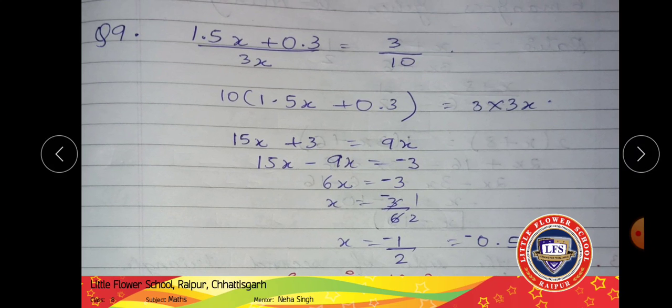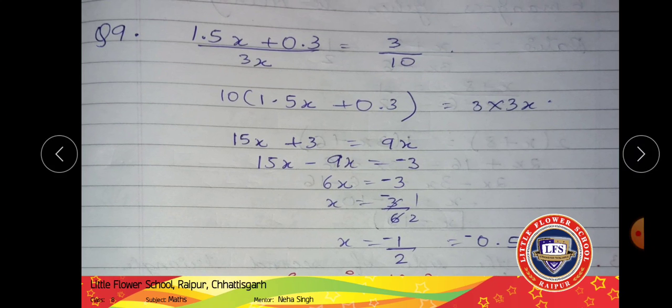This is the decimal part. (1.5x plus 0.3) upon 3x equals 3 by 10. So cross multiply, right? 10 into (1.5x plus 0.3) equals 3 into 3x.